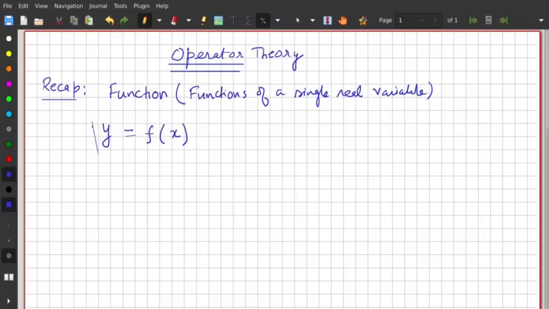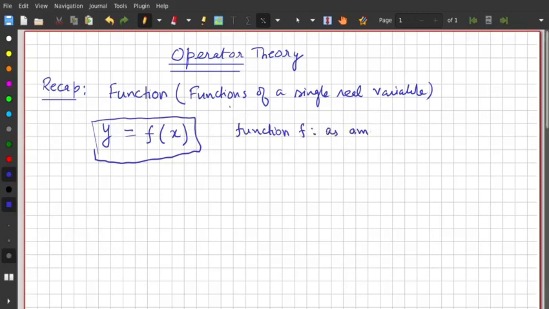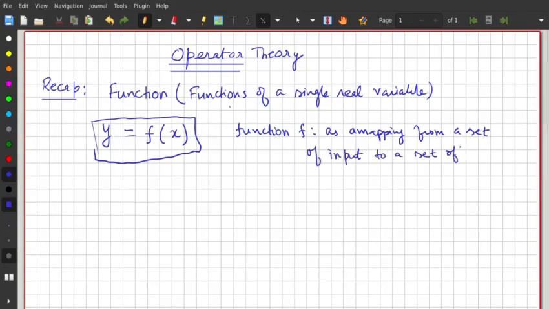So what was this statement all about? We can think of this function f as a mapping from a set of inputs to a set of outputs. In the case of a real variable, what is the input?